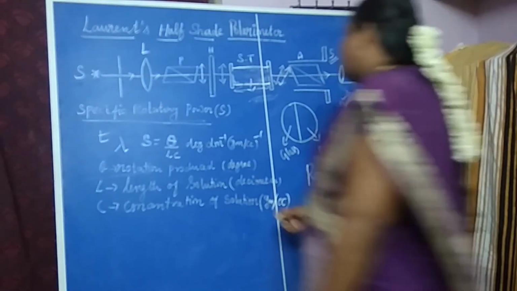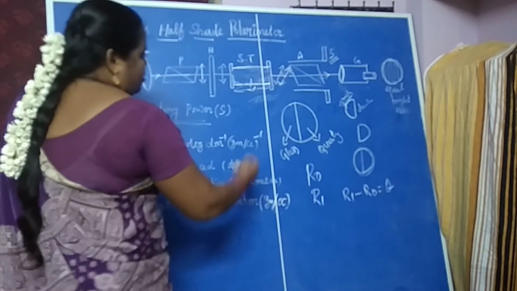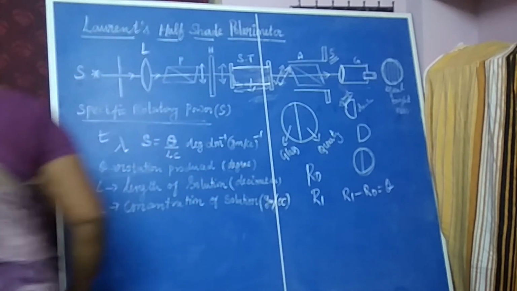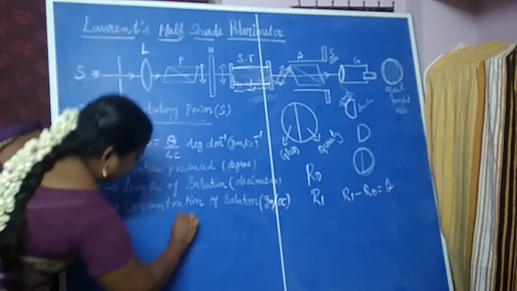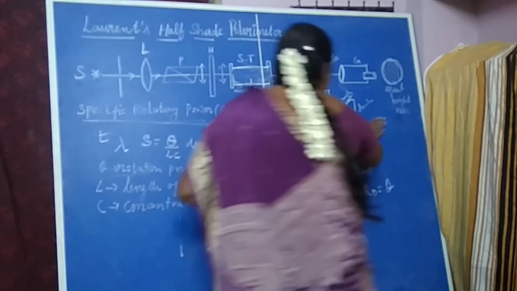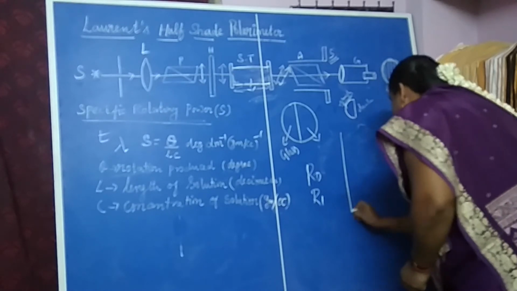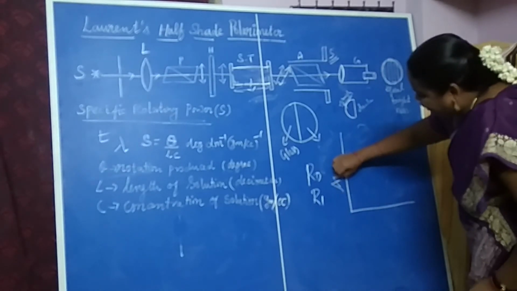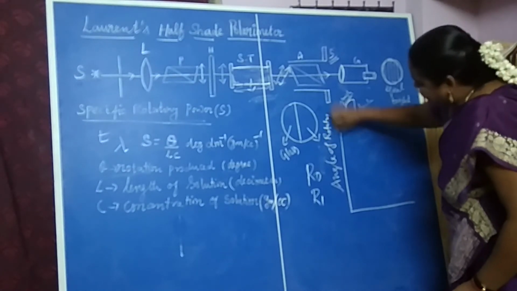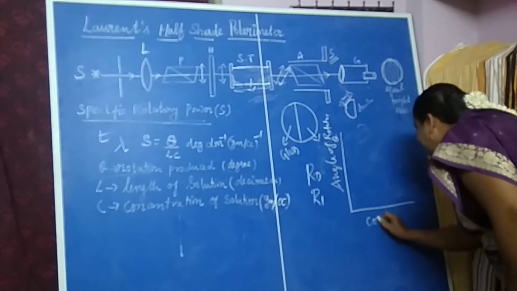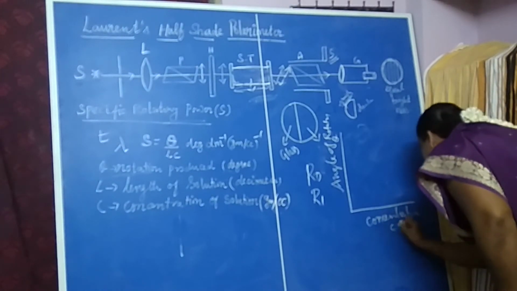In the actual experiment, the experiment is repeated for different concentrations. So we will plot a graph between angle of rotation taken on the y-axis and concentration C on the x-axis.